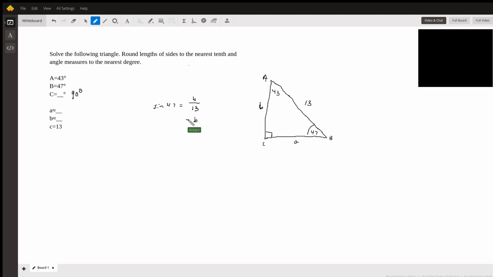And then we just go on our calculator to find b. So it's going to be 13. And make sure you're in degree mode. I happen to be in radian mode, so I'm going to switch. So it's going to be 13 sine 47. So it's 9.5.